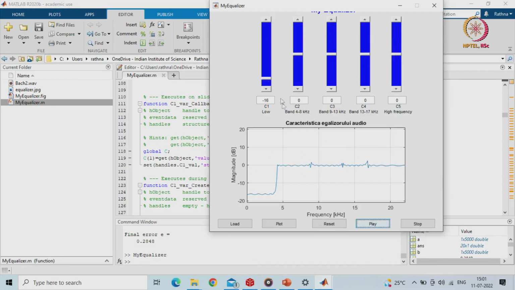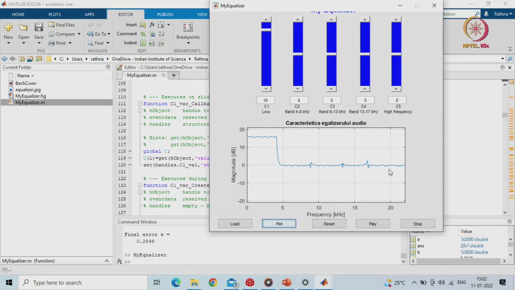Okay. So, now we will see whether we can go up to positive, from 0 dB, we will increase the gain to 16 dB. Now, we will try to plot it. So, you are seeing that this is a low pass filter, and the rest of them are at 0 dB, as you can see in the magnitude response.